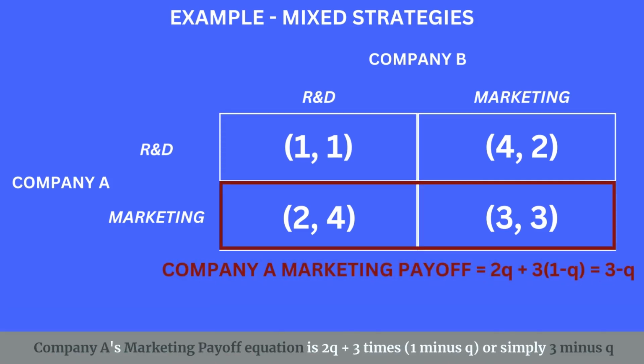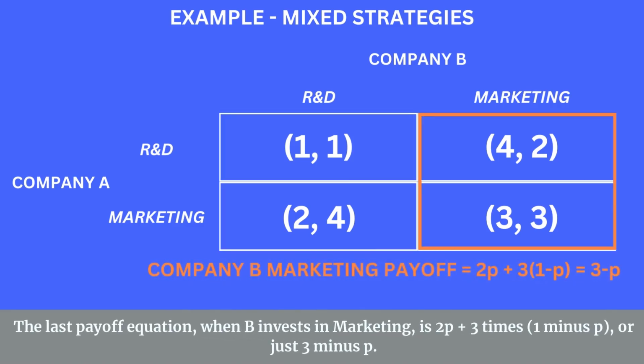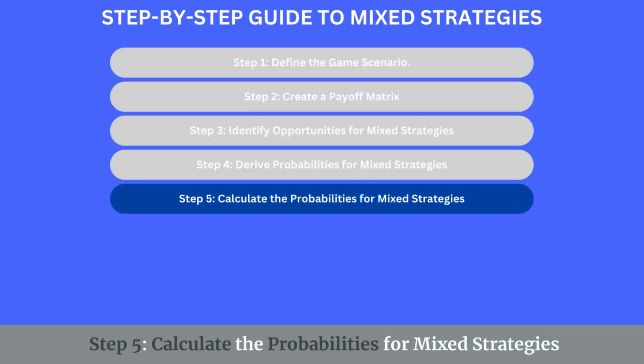Company A's marketing payoff equation is 2Q plus 3 times 1 minus Q, or simply 3 minus Q. Now, B's R&D payoff equation is 1P plus 4 times 1 minus P, or 4 minus 3P. The last payoff equation, when B invests in marketing, is 2P plus 3 times 1 minus P, or just 3 minus P. Step 5. Calculate the probabilities for mixed strategies.